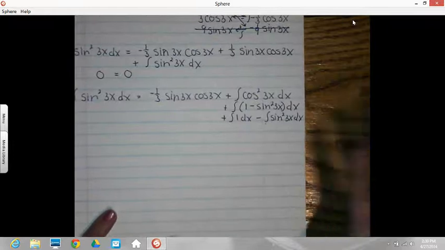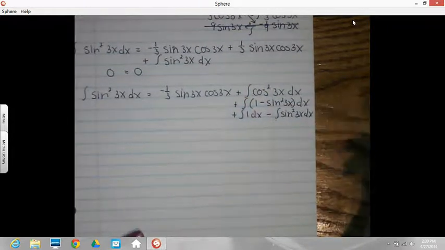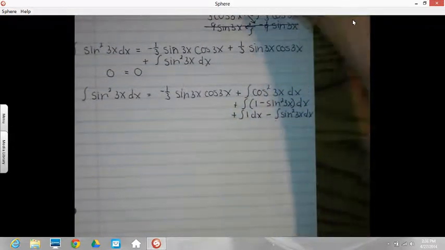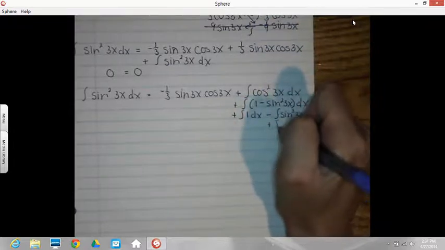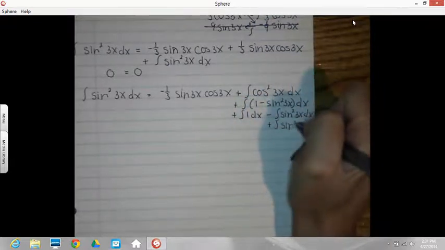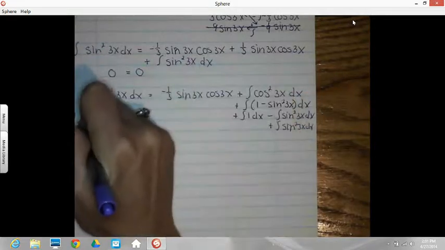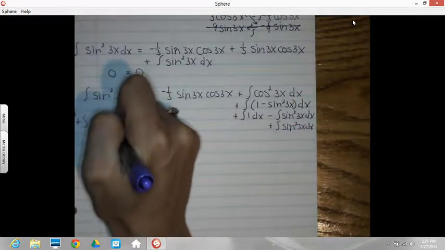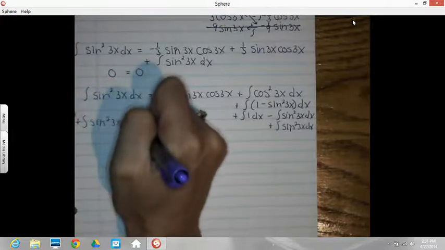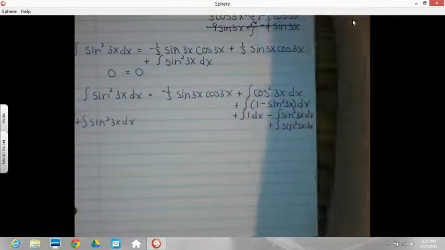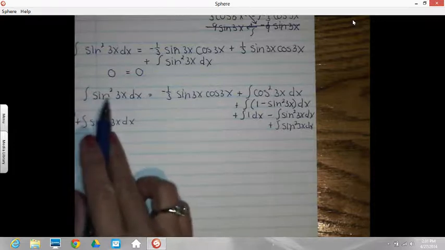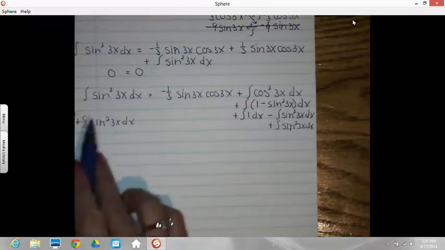And the more we work, the more tricks you get. So just doing some algebra, I'm going to add this integral to both sides. Adding the integral here. So now think of this as 1 times the integral of sine squared 3x plus another one. So I'm getting 2 of these integrals.